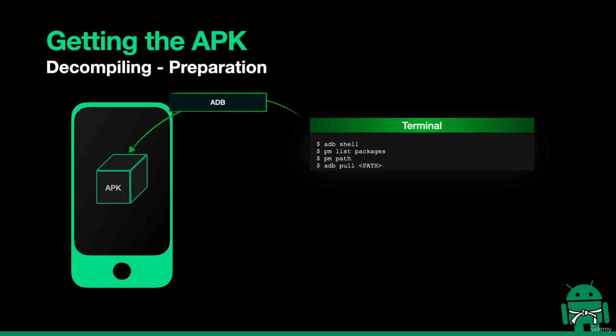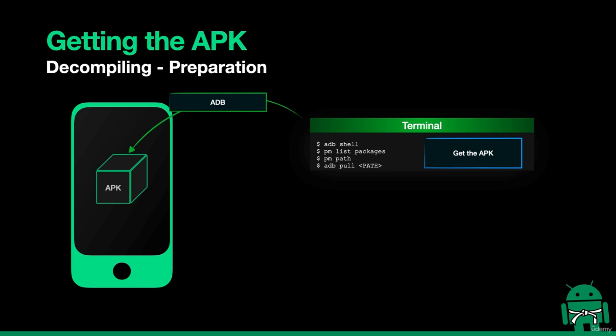And this APK can then afterwards be downloaded via adb pull. And the good thing is we do not need certain permissions or requirements. We simply can use ADB in a normal user context, so no root is required. These 3 steps, or 4 steps let's say, are regarding getting the APK.